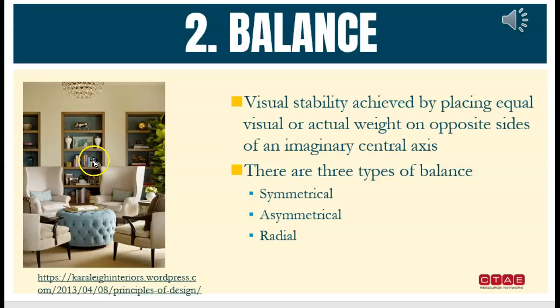We also have balance inside the bookcase. We have equal weight on all sides, tiering all the way to the top where we have just one image itself. So there are 3 types of balance: symmetrical, asymmetrical, and radial, which we will be going into further.